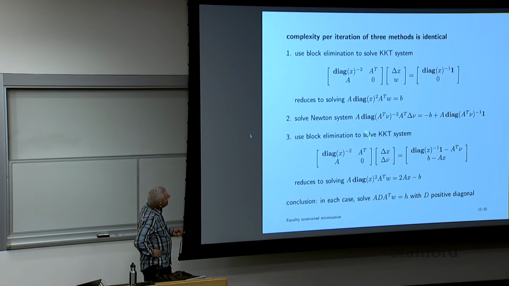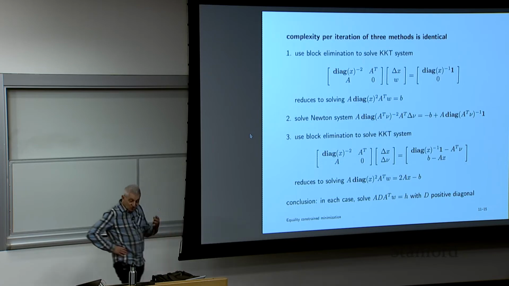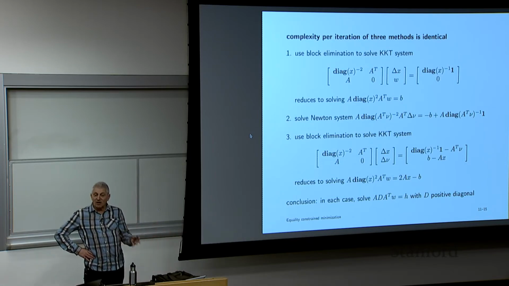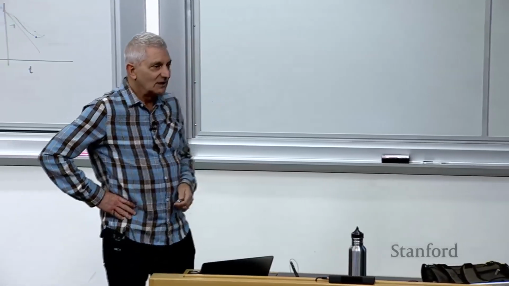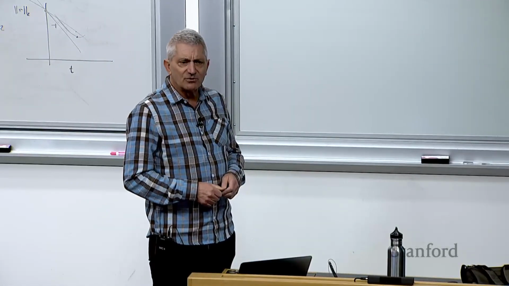And this is going to reduce to solving exactly the same system, but with a different right-hand side. That's the difference. So the conclusion is that in all three of these methods that look wildly different, and someone could try to argue they were wildly different, it's all the same, right? By the way, this is the same generally for duality, right?